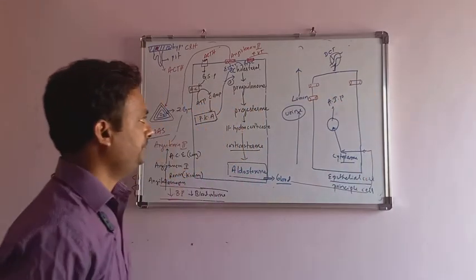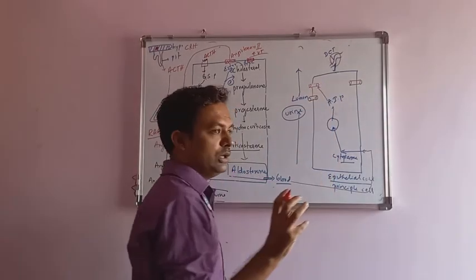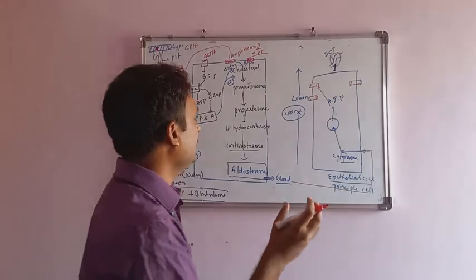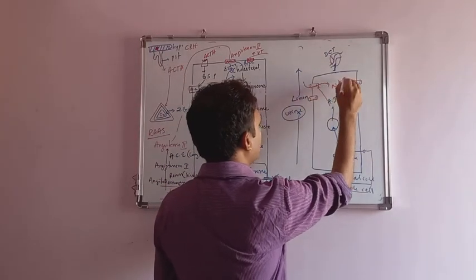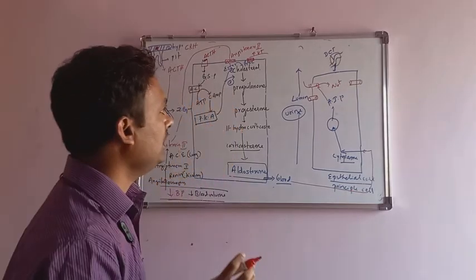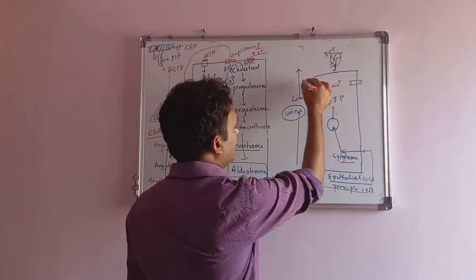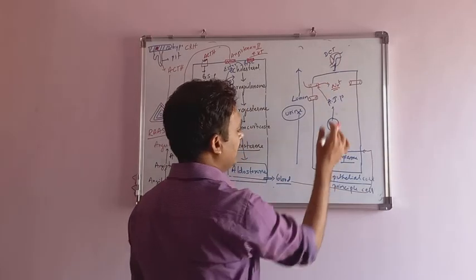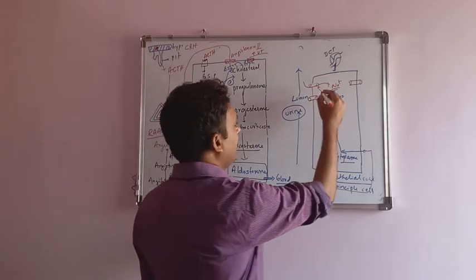First one is the protein that stimulates the free passage of sodium into the epithelial cell. That is called the permease mechanism.